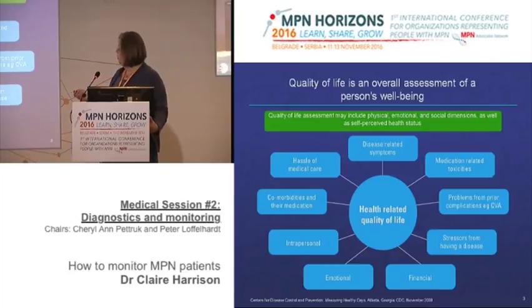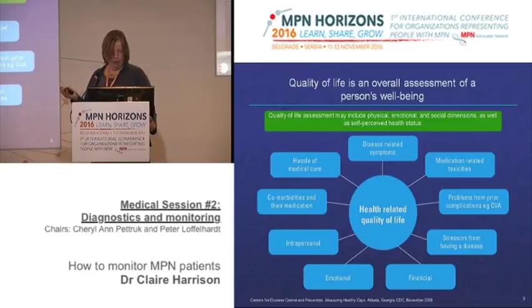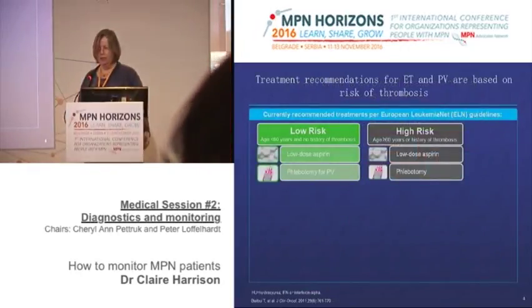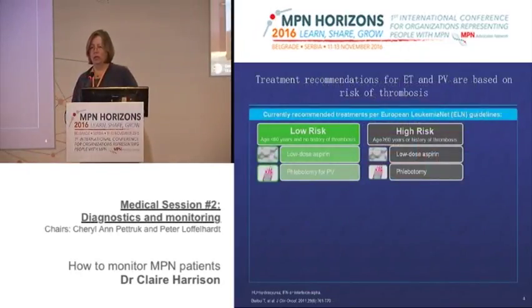So I've tried to put these aspects on this slide, which you had a sneak preview of earlier. But these are all things that we should be thinking about when we're monitoring our patients. And when you're visiting us, these are the things we are wanting to really understand from you. It's quite complex to think about putting these across in a medical consultation.